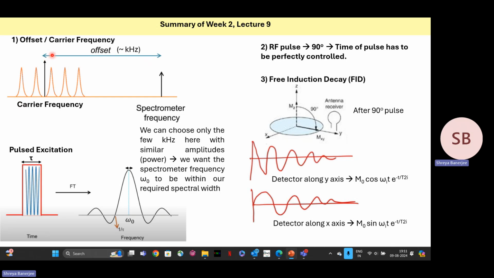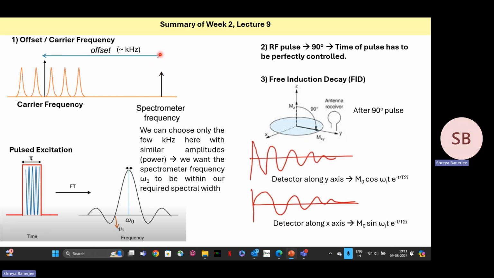Then this distance is called the offset. So what we do is that through the computer, the spectrometer frequency is adjusted so that it falls within the frequency of your protons, because only then it will be able to excite the protons of the compound.